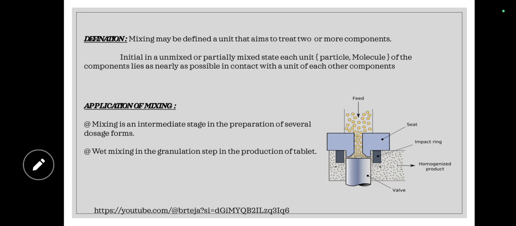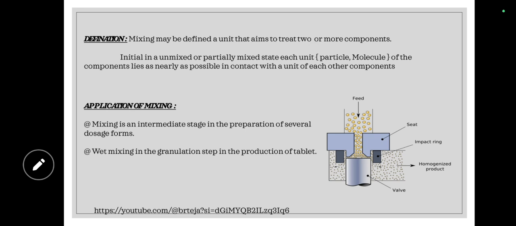This is called mixing and homogenization. Homogenization equipment is based on mixing properties, for example particles, molecules, and components. These are what homogenization equipment depends on.